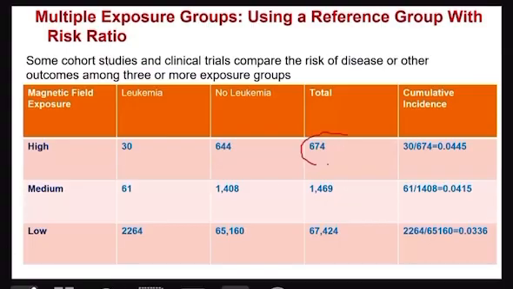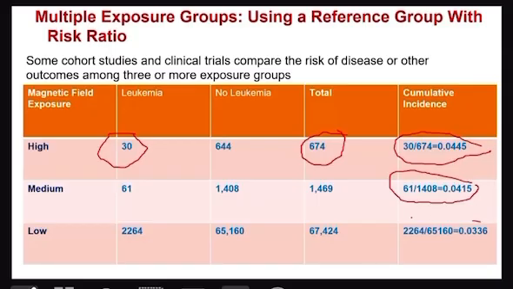Out of 674, we're interested in those who have leukemia, which is 30 divided by 674. That will give you 0.0445. We did the same for medium and for low. It's just a simple computation. Then how do I interpret this? I'm going to show you how we interpret this.